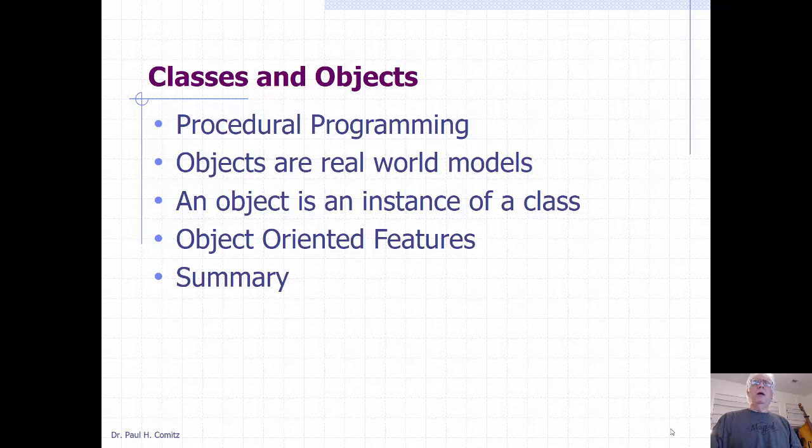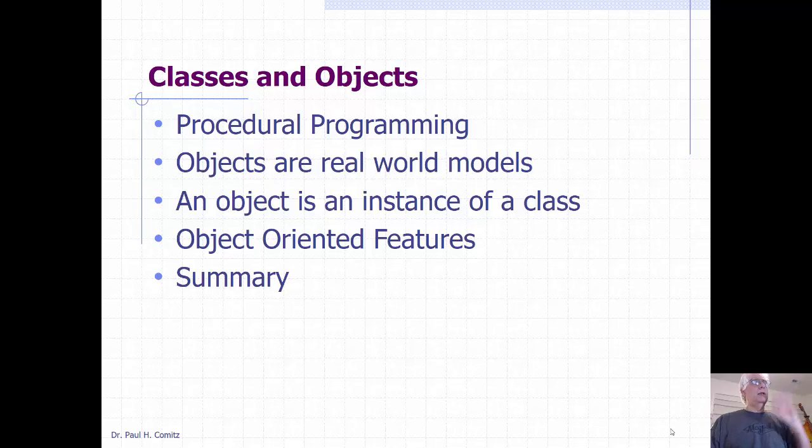So very briefly, I'll give you an example of procedural programming, show you some of the challenges, some of the difficulties that we had with procedural programming that led to the evolution and the subsequent development of object-oriented programming.